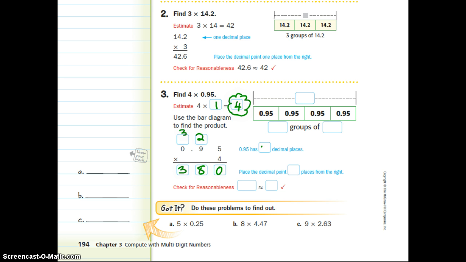We have 2 decimal places, so we're going to make 2 bunny hops. And again, I like putting mine in a box. So we get 3.8, which we know is close to 4. That is an outstanding estimate, and it checks with our computation.